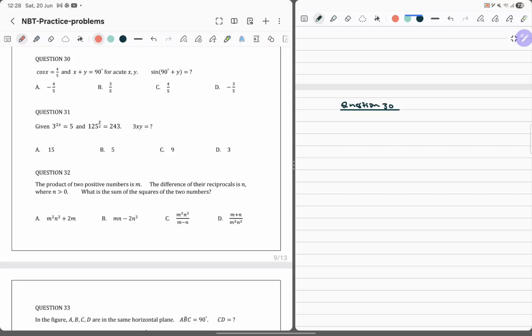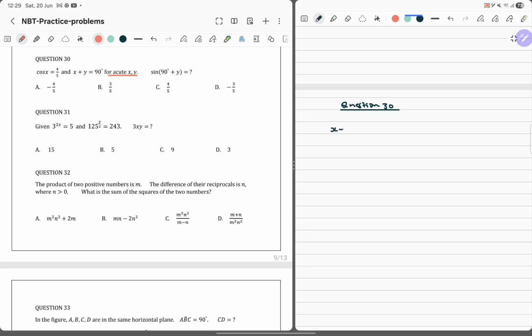Question 30 says, cos x is equal to 4 over 5 and x plus y is equal to 90 for acute x and y. Okay. Right, so sine of 90 degrees plus y is equal to, this one is too easy, né? This one is very easy.